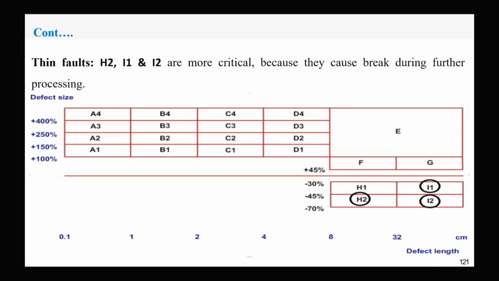And thin faults H2, I2, I1 are also thin faults which can be removed. These thin faults actually result in breakage in the yarn during weaving and also thin lines in the fabric.